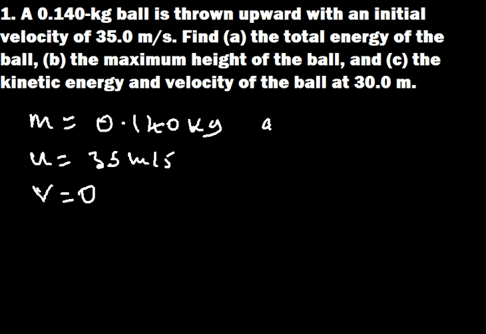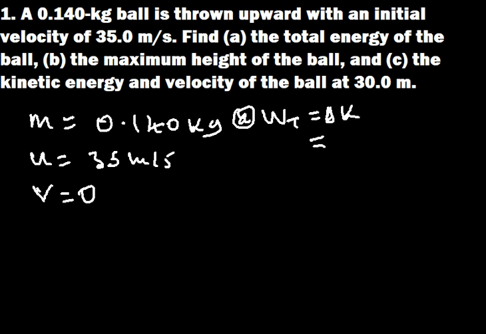So the first part of the question says that we should find the total energy of the ball. That is by using what we call the work-energy theorem, which says that the total work done on the object is equal to the change in the kinetic energy.